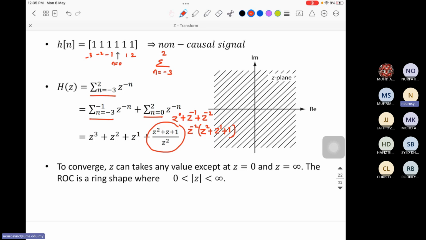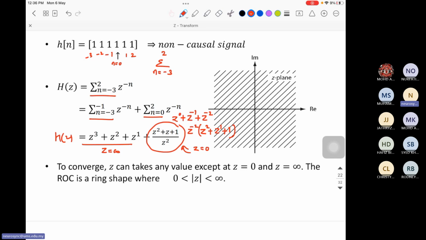Now, how to find the region of convergence for this? H of z is this. Now, if we keep z equal to infinity, then this will be infinity. If we keep z equal to 0 here, this term will be infinity.